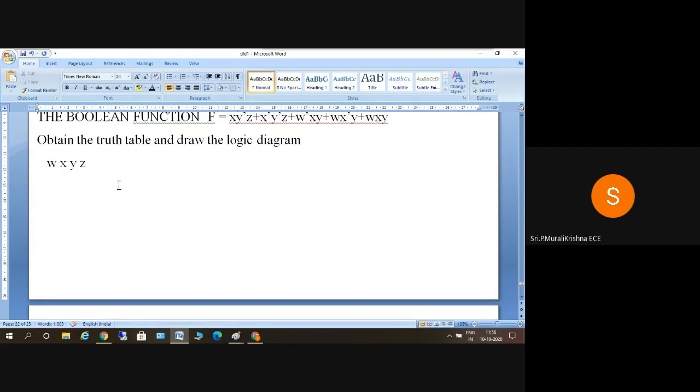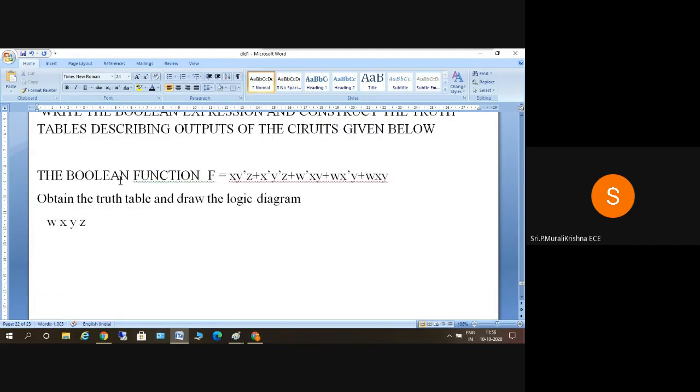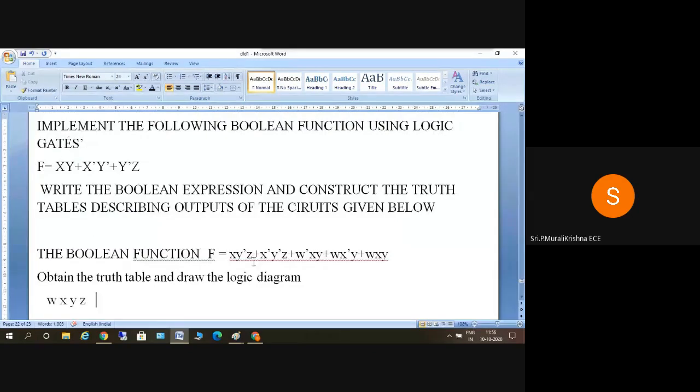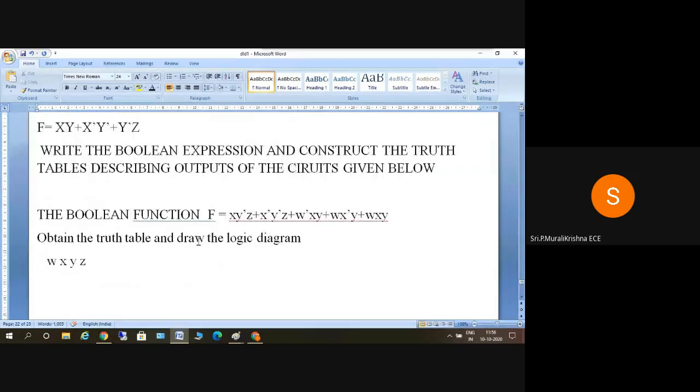And I have to find each and every term here. So what are the terms I have to find here? I have to find x y bar z bar and x bar y bar z. Find these values by substituting these values into the equation. For w x y z, what are the possible input combinations I'll get here? 0 0 0 0, then 0 0 0 1.